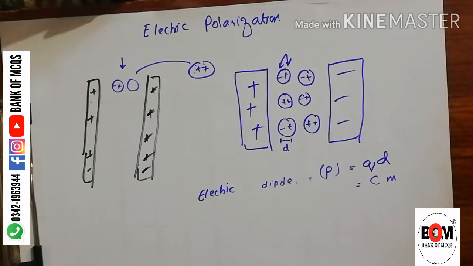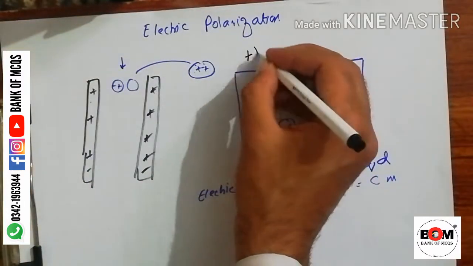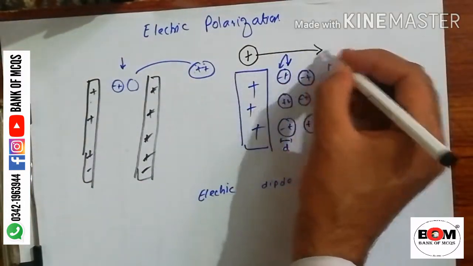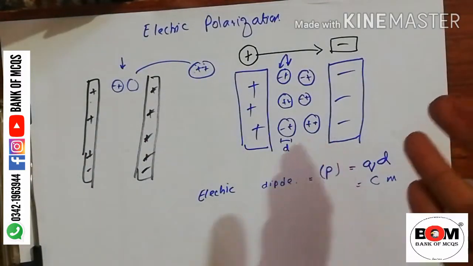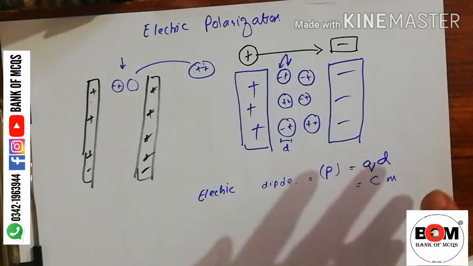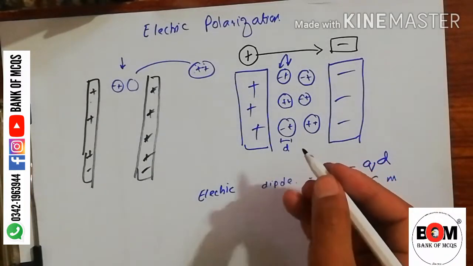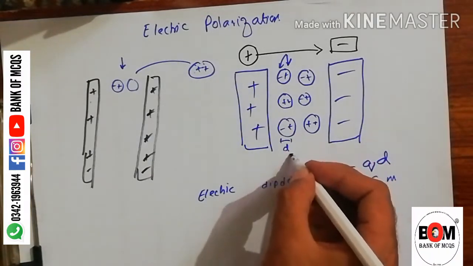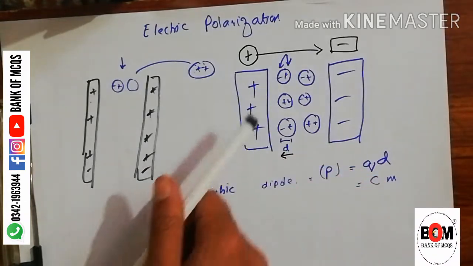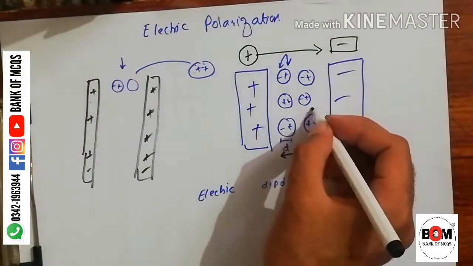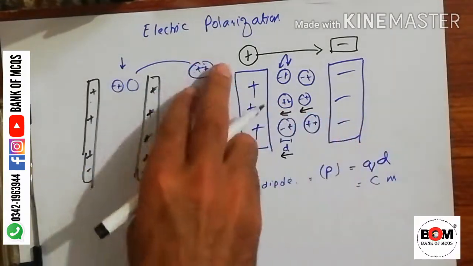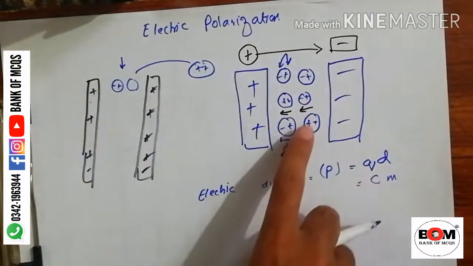Now another point to remember is that we know the electric field is in the direction from positive towards negative. So the electric field of the capacitor is from positive to negative, while inside the dipole it is from positive to negative also. So if we see, these two are opposite in direction. As we can see, one is from left to right while the other is from right to left.